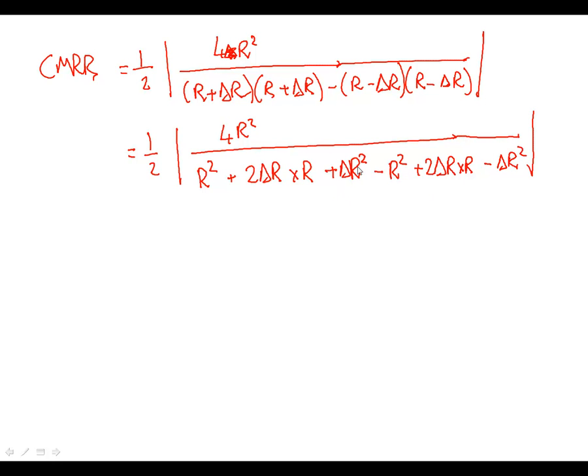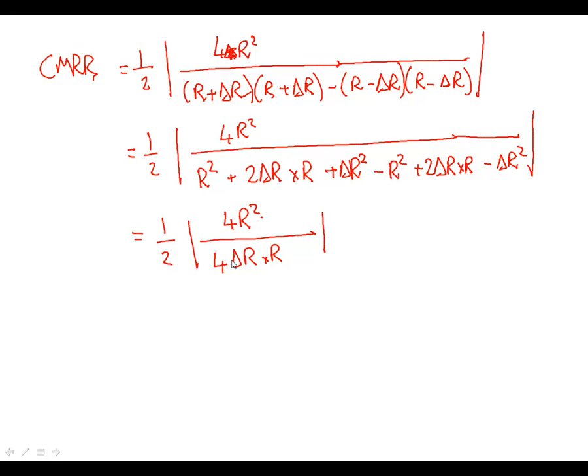If we now look, we've got delta R squared and delta R squared, they cancel. We have R squared and minus R squared, they cancel. We have 2 delta R times R and 2 delta R times R, so this whole thing simplifies to 4R squared, all divided by 4 delta R times R. Okay.